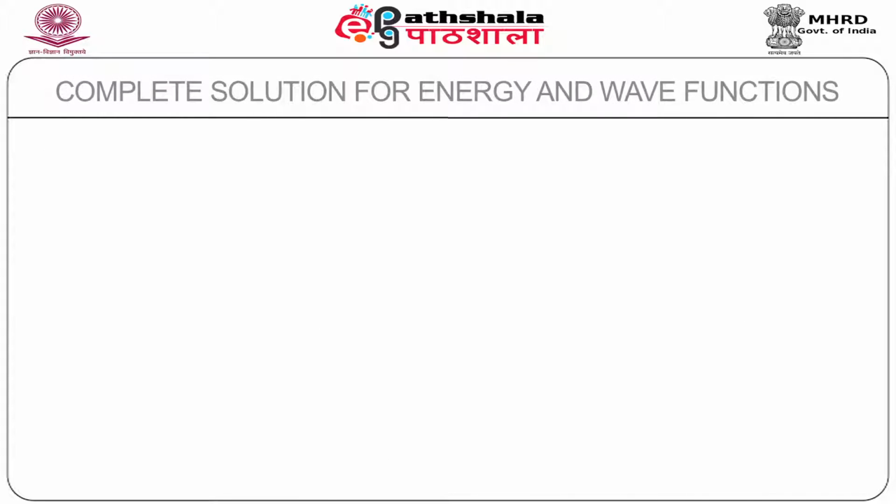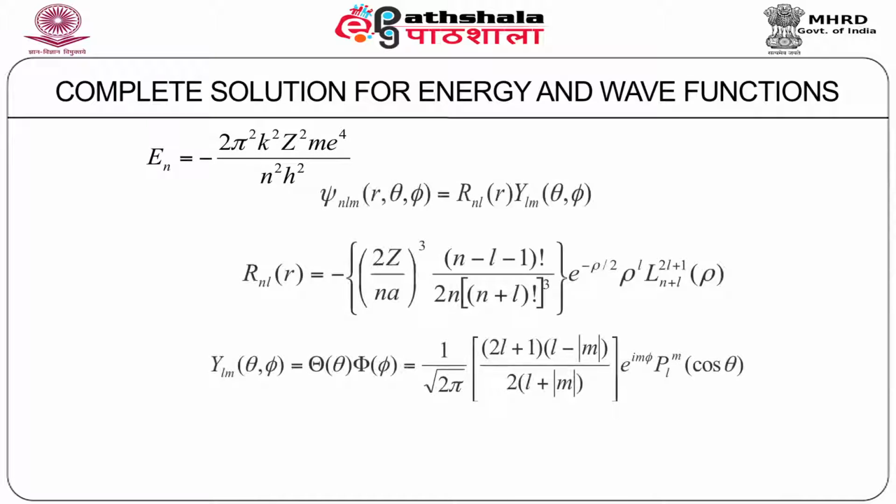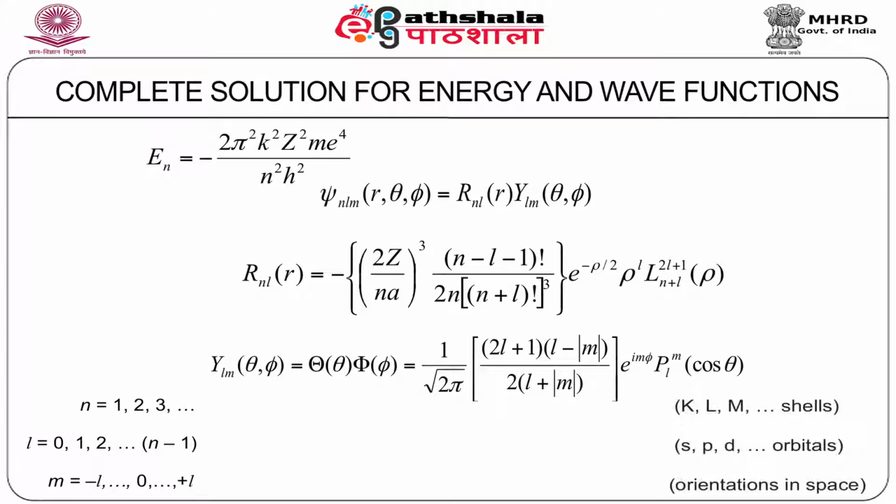So what we have learned by solving the Schrodinger equation for the hydrogen atom is on the screen, a summary of the complete solution for energy and wave functions. Once again, the energy levels are given by the same expression as you obtained from the Bohr model, and the total wave function is the product of the radial part and the angular part.